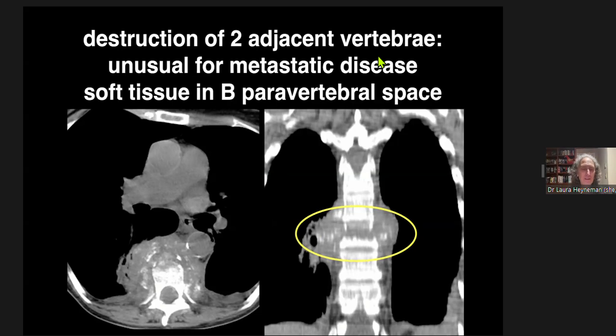On the cross-section on the axial view, we can see how all this paraspinal soft tissue could project superimposed over the hila if we were looking at a frontal radiograph. Same thing here. We see all this paravertebral soft tissue with destruction of two adjacent vertebral bodies.